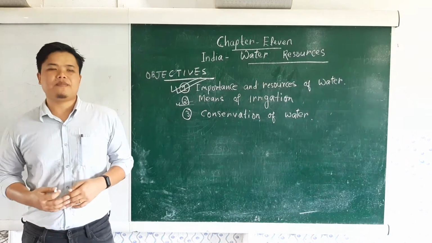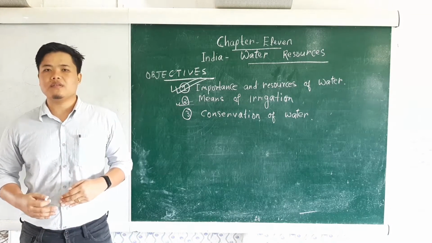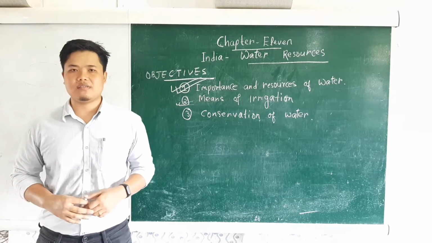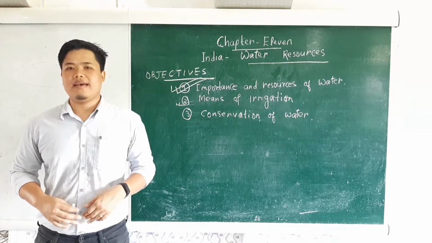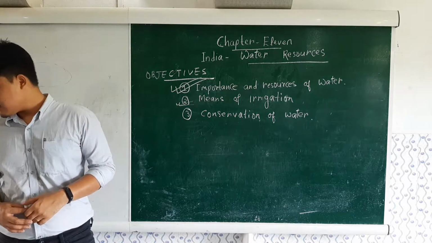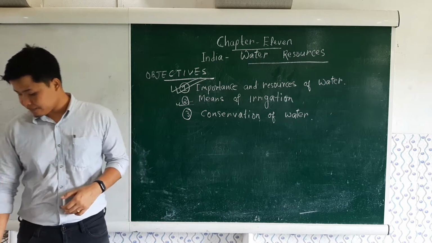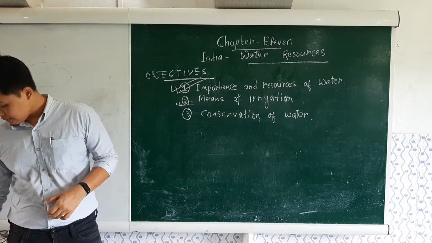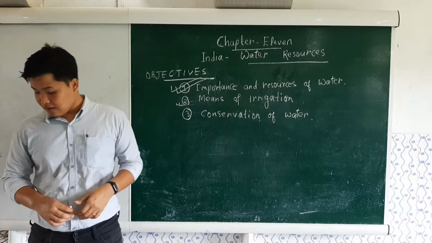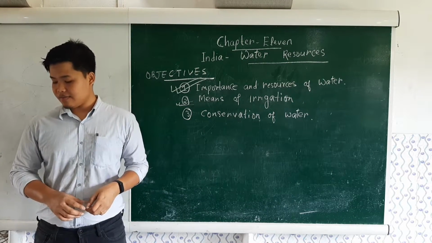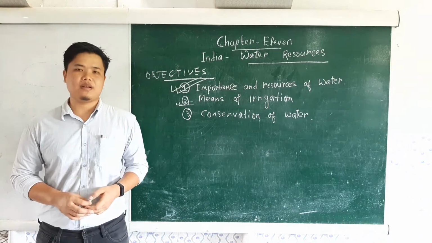It is a cheap and the most popular source of water for irrigation, and it is popular in the states of Uttar Pradesh, Bihar, Gujarat, Rajasthan, Punjab and Tamil Nadu.